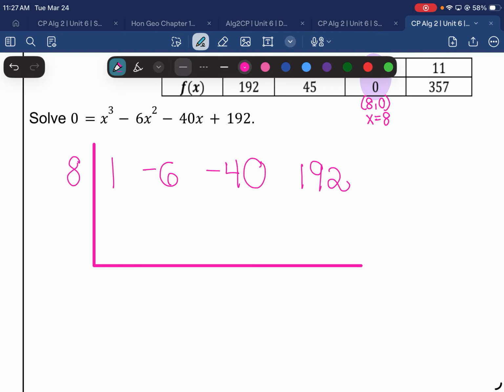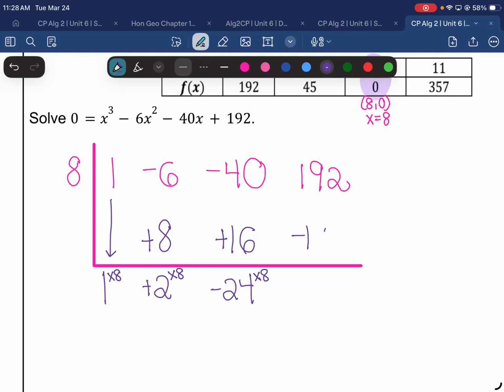Do synthetic division the exact same way you just did it. Hopefully you get a remainder of 0. Make sure you do.